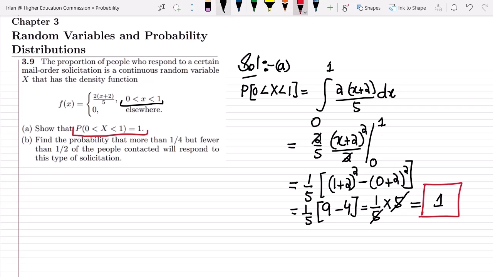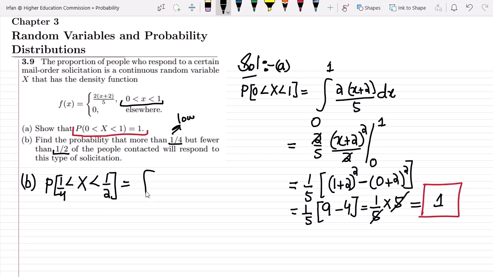Now moving to part B. What is the statement? Find the probability that more than 1/4 but fewer than 1/2 of the people contacted will respond to this type of solicitation. So this is the lower limit while this one is the higher limit. Here I have to find the probability of 1/4 < x < 1/2.